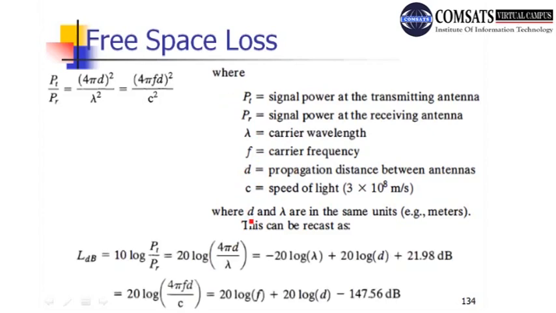And here we have represented those formulas using L, that is the loss, 10 log of power transmitted over power received. Now we are expanding, so we are actually going to represent this in dBs.